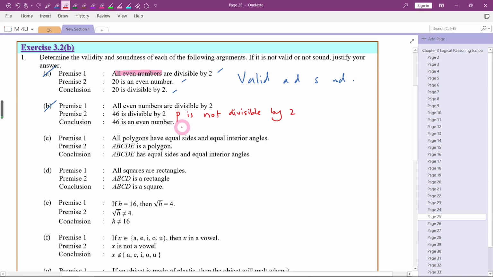Then the conclusion will be P is not an even number. Or I can just give a number, for example, 23 is not divisible by 2, so 23 is not an even number. This is a valid form. If you say it the other way, it is invalid. So if it is invalid, then it will be not sound.